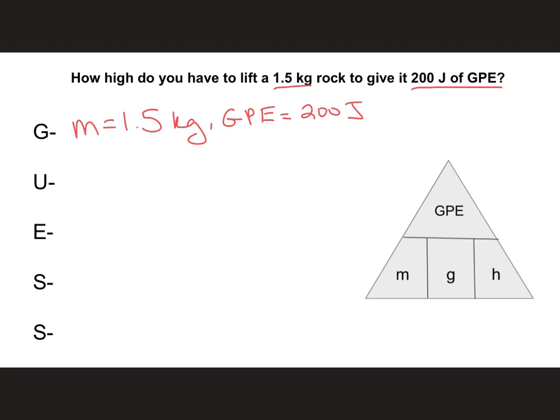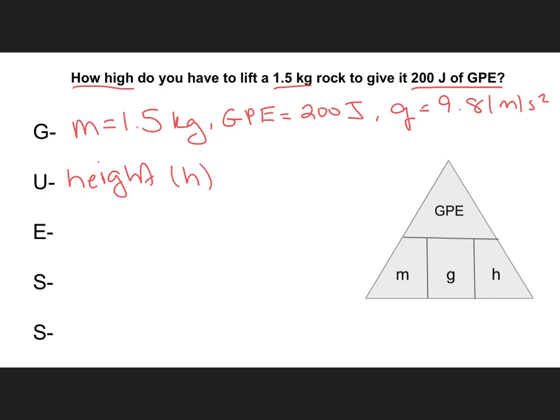Just like I said in the last problem, gravity is always there. It's not written, but you always have to put gravity: 9.81 meters per second squared. So I've got my givens. Now I go to my U, which is unknown. What am I trying to find? I'm trying to find how high, which is a height. So I'm trying to find that h.